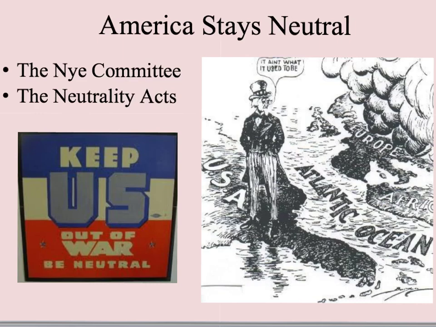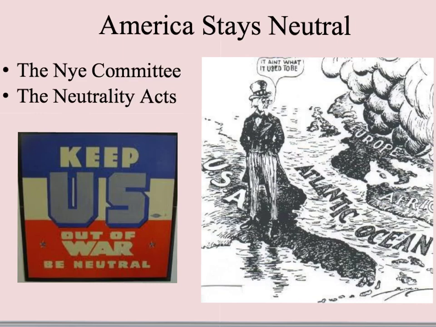These acts also forbid loans and even sales of war goods to nations who were at war, and even eventually extended these precautions to nations that were experiencing a civil war, like Spain was.